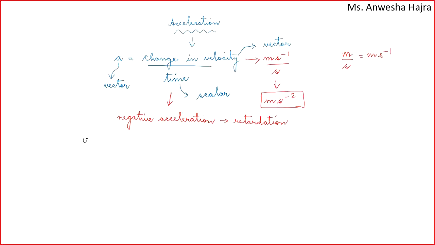Say the speed of a car is 72 km per hour. Express it in meter per second.